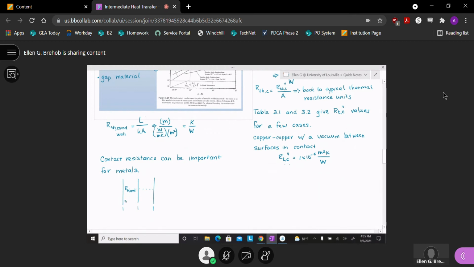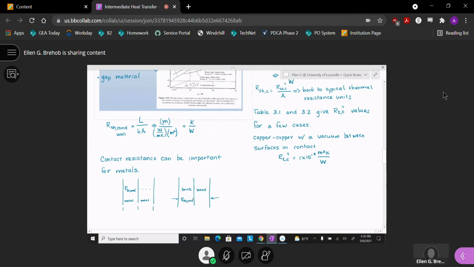But if I have a layer of brick and a layer of wood, unless I have super thin layers, but realistic layers, my thermal resistance is going to be so much bigger that this little contact resistance added on top of it is not going to show up. It won't make a difference.